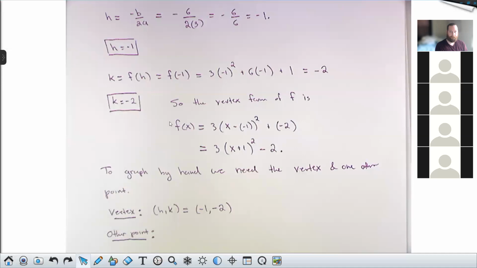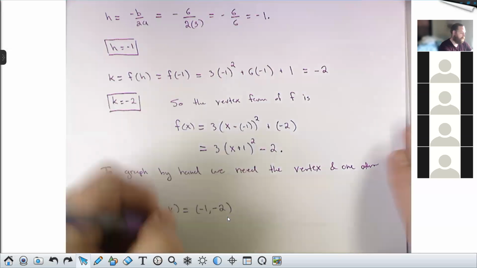We can plug in anything we want for x. It's like part of making a table: you plug in x's, you get out y's, and those are points. The only x value it wouldn't be smart to plug in is -1, because I already know the point associated with -1.